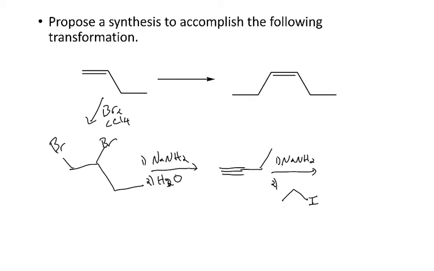So that's going to give me this compound. And then my last step is to go to the alkene again. And so I want to add the hydrogens here and here. So I want to do a cis addition, and I don't want to go all the way to the alkane. So I need to use a poison catalyst. So if I use H2 and Lindlar's catalyst, I can accomplish the job.